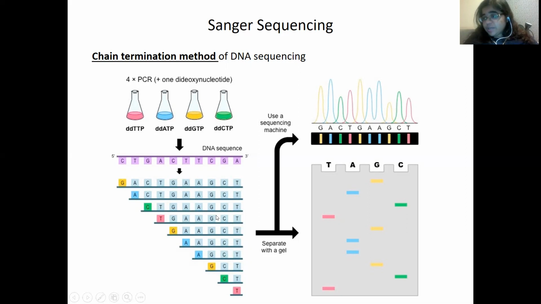It can be very random. However, when we do the sequencing part itself, it's actually separated by size. So that's how we know that this is the order of our sequence.